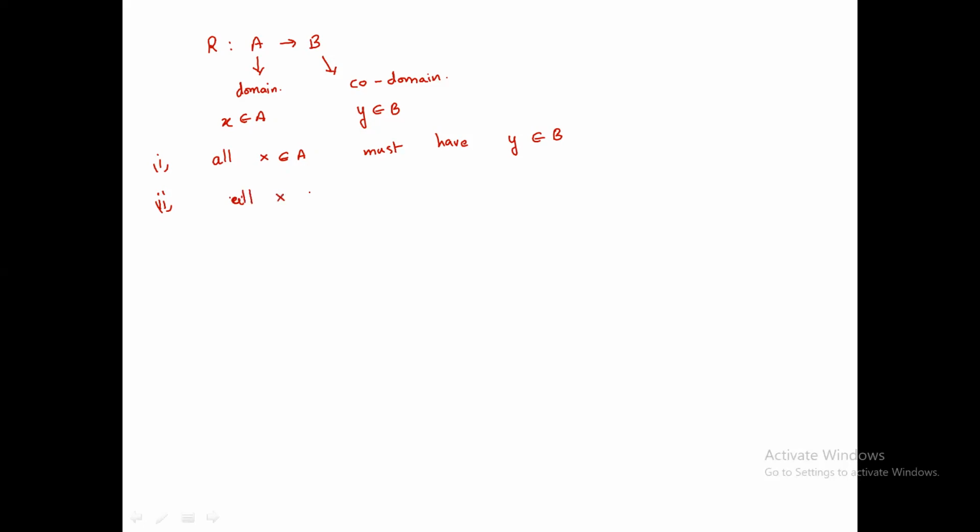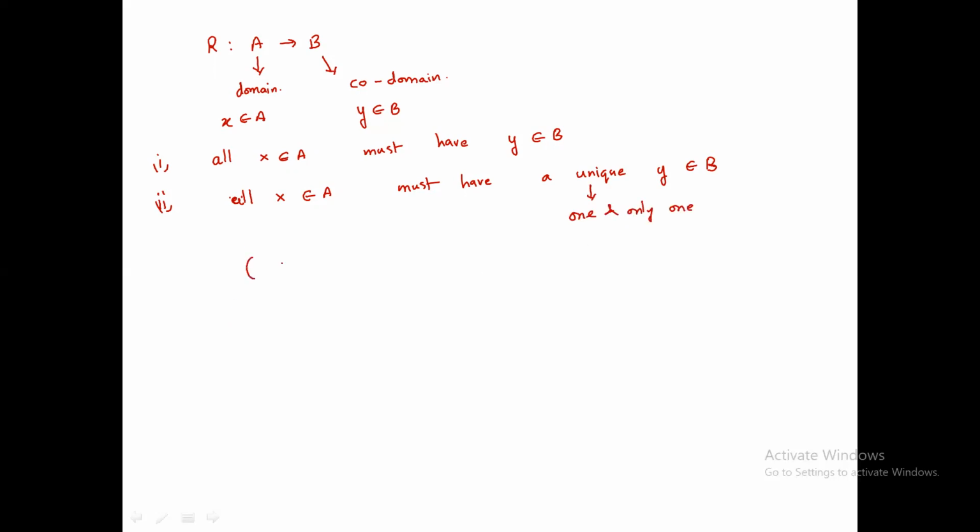All X's which are taken from A must have a unique Y in B. Unique means one and only one.